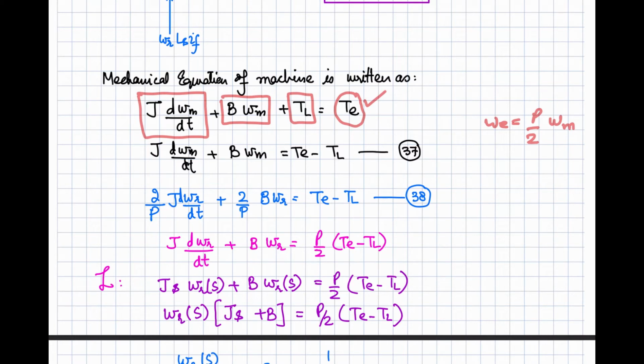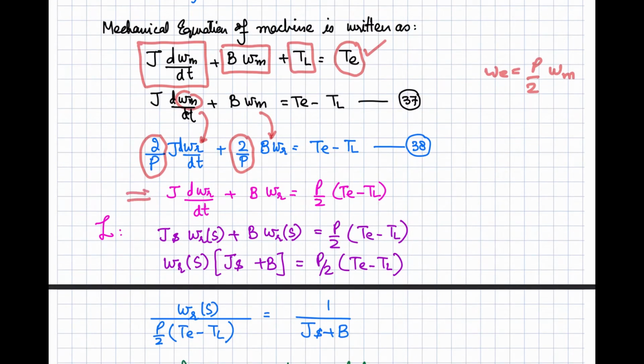So using this expression, we can represent omega m in terms of the electrical speed. That's why you are going to see this 2 by P over here. Similarly, omega m in terms of omega r, so you have 2 by P over here. And rearranging this equation, you can write down this one.